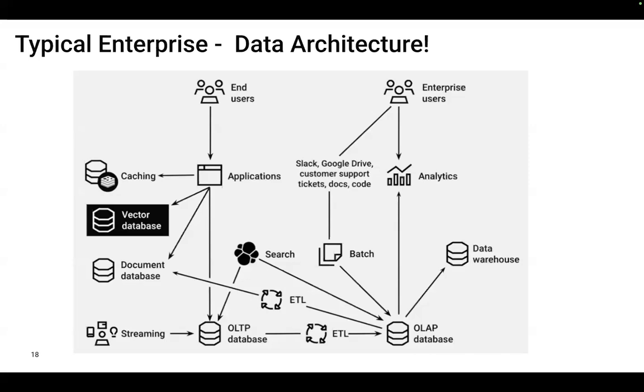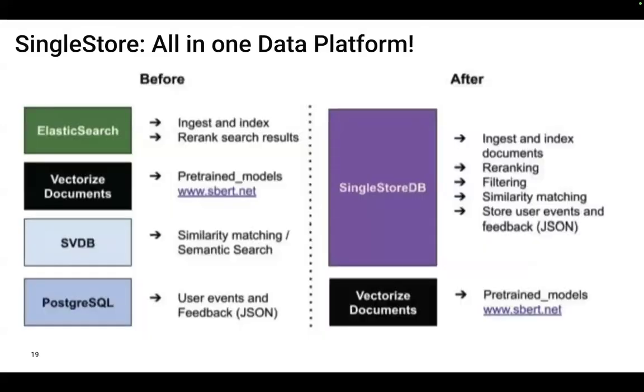So if you see the whole architecture using different databases at different levels, it's a kind of a mess for your data folks to handle all this, and the data going in and going out and indexing all those things. So what we suggest is having SingleStore as an all-in-one data platform, because SingleStore supports all types of data.